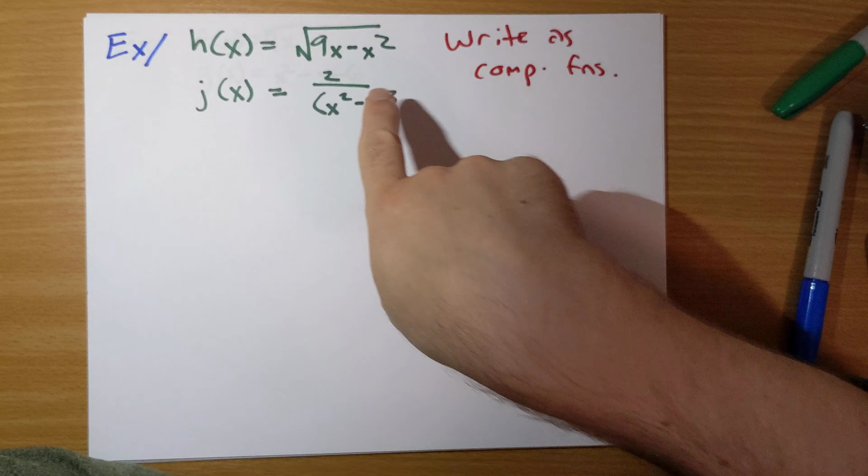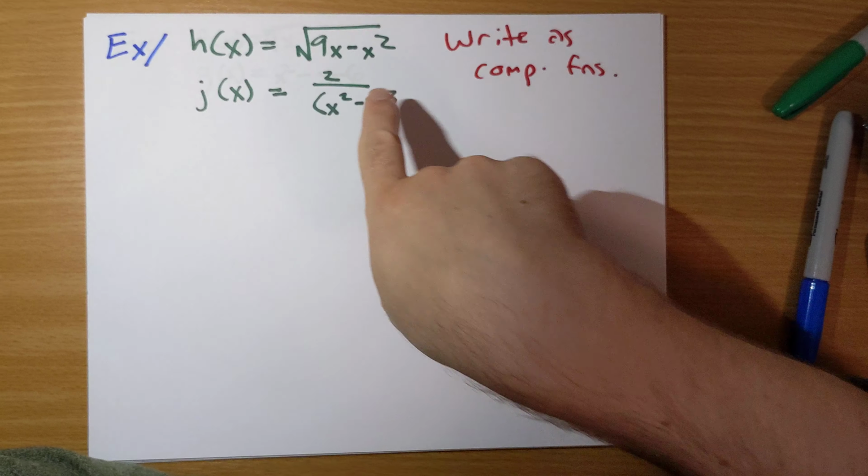If x is bigger than 9, you fail this, but if x is negative, you also fail this. Okay, so that was the domain when we wrote h of x in this composite function way.